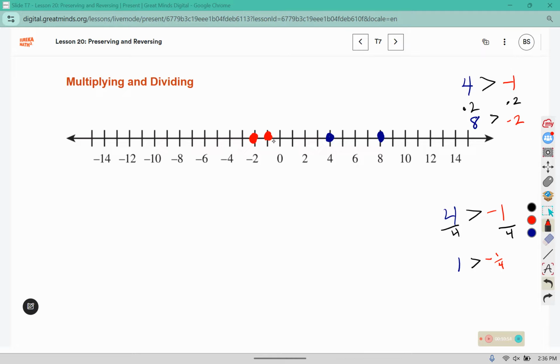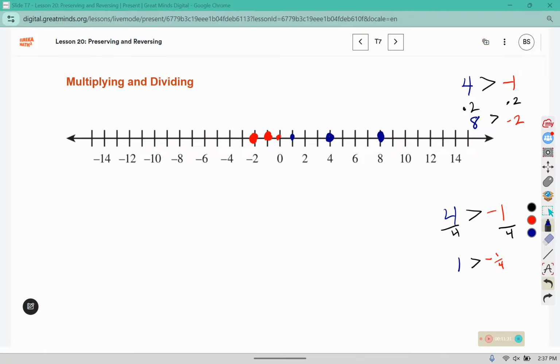So here's negative 1/4. And here's positive 1. Is it still greater than negative 1/4? Yes, that is still true. So we can multiply by the same number or divide by the same number without changing the inequality to a false statement.